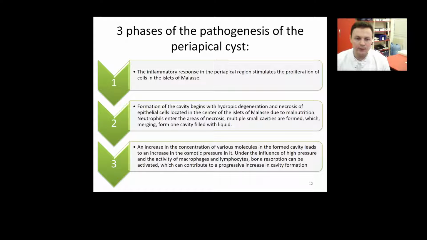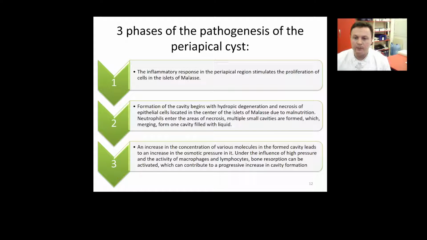An increase in the concentration of various molecules in the formed cavity leads to an increase in osmotic pressure. According to the osmotic gradient, fluid from the surrounding tissues enters the cavity formation, contributing to an increase in the hydrostatic pressure in the cavity and accordingly its increase.